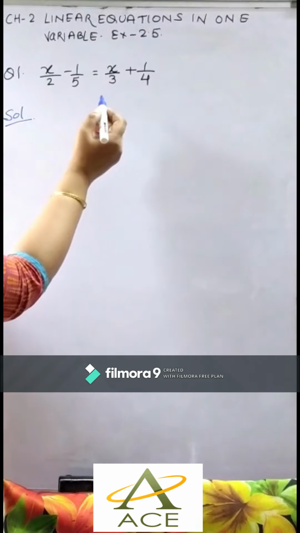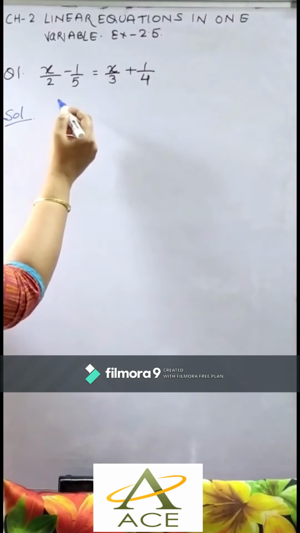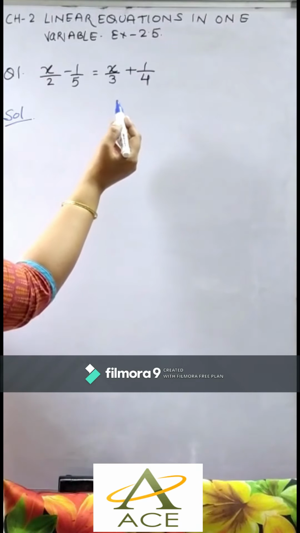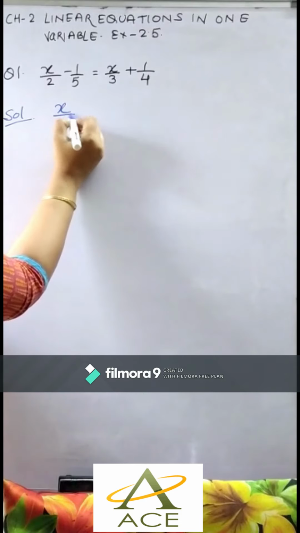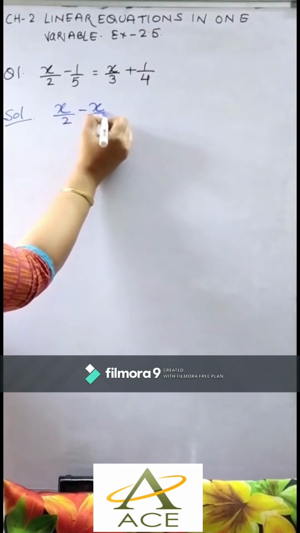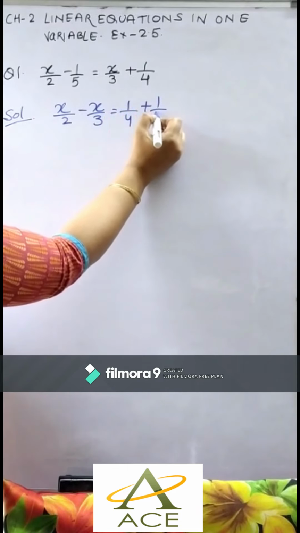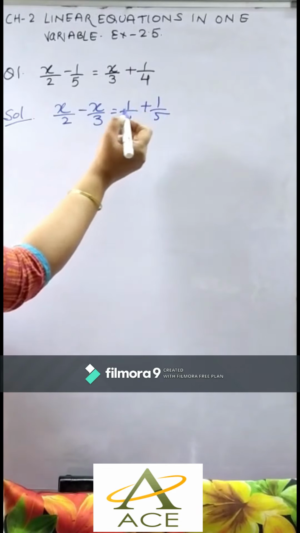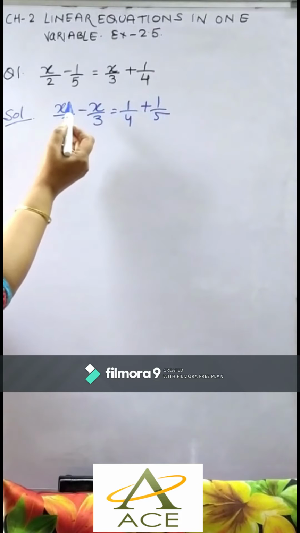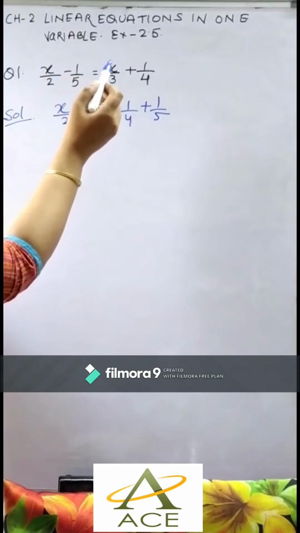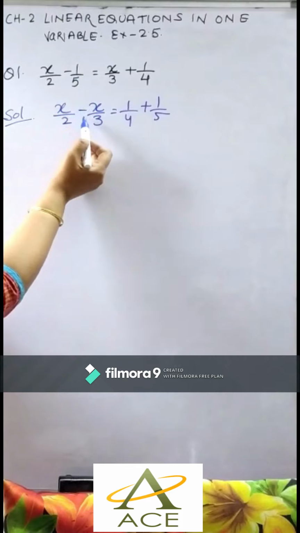Now in this question, we will take variables on one side and constants on the other side. So x by 2 minus x by 3 is equal to 1 by 4 plus 1 by 5. As you already know, when we shift from left to right or right to left, the sign always changes.